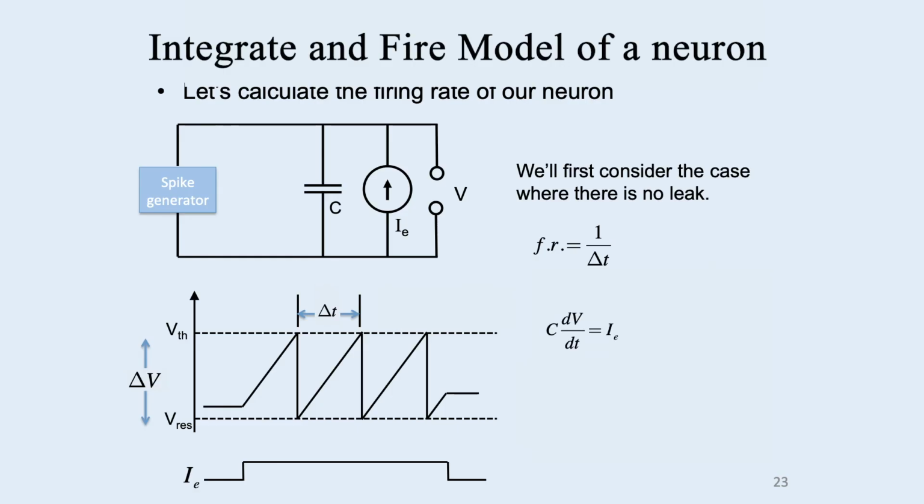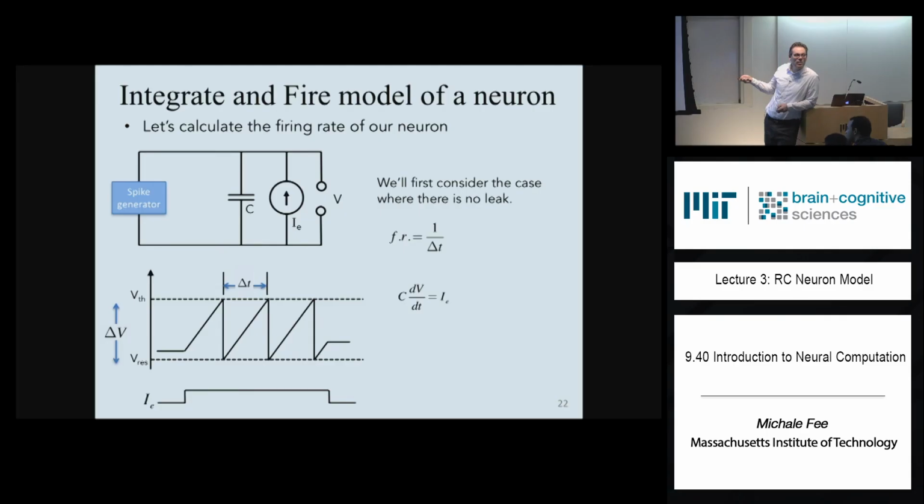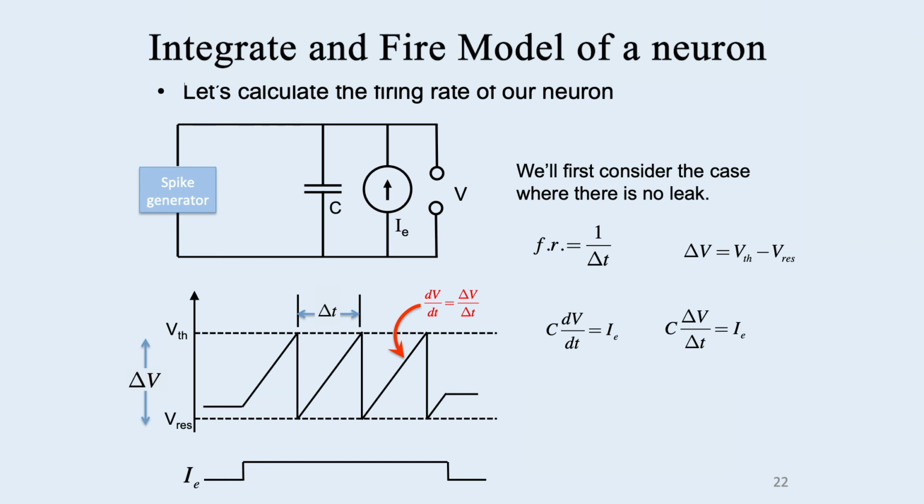So we have this equation, C dV/dt equals I sub e. What's the slope of this line? Yeah, it's just dV/dt. Good. dV/dt is delta V over delta t.